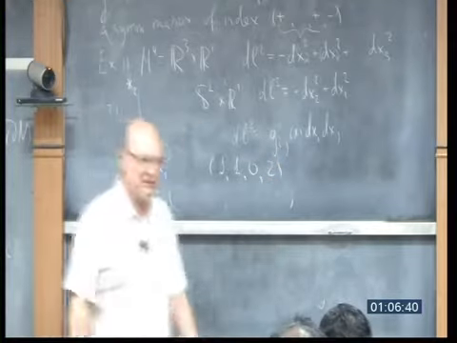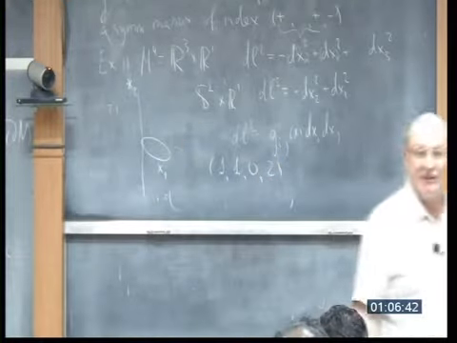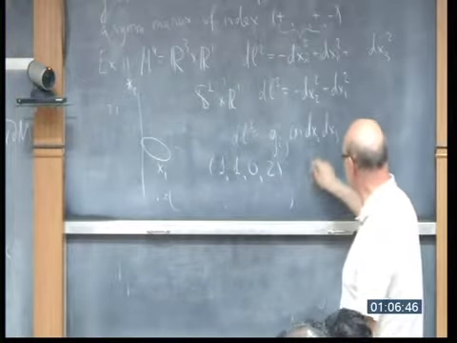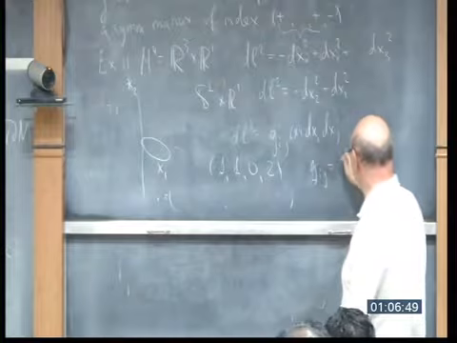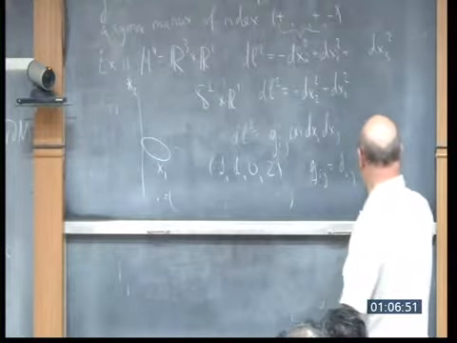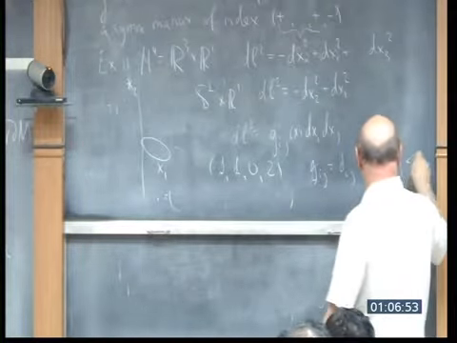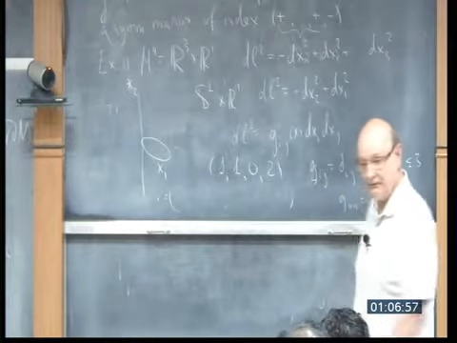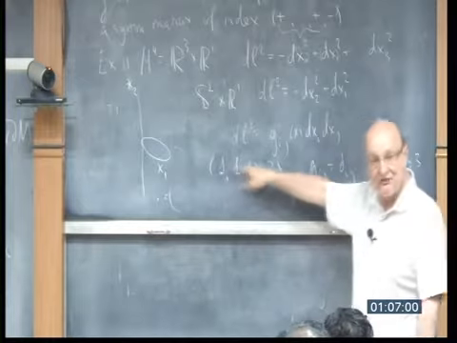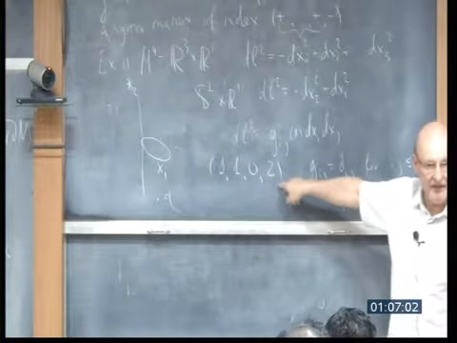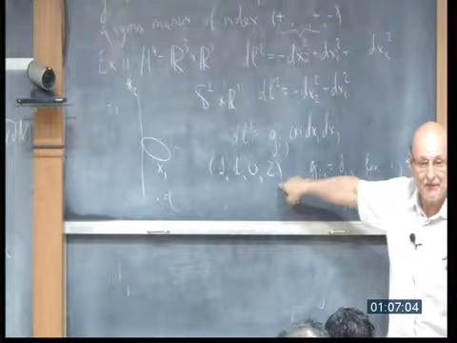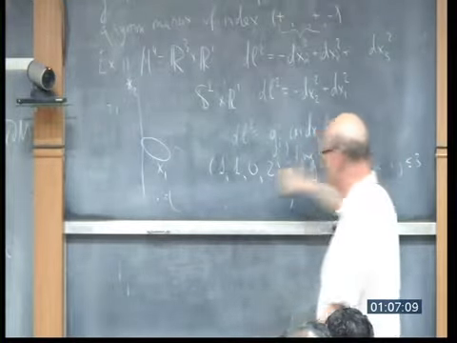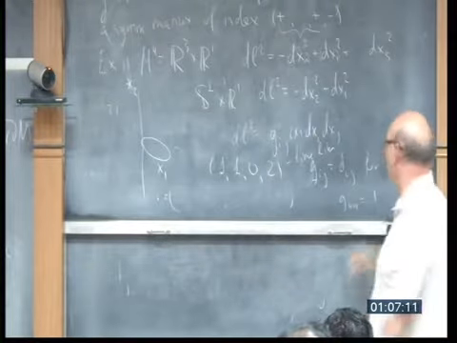Is it time-like, space-like, or light-like? Here Gij will be delta ij for i, j less than 4, and G44 is minus 1. So it will be 1 squared plus 1 squared minus 4, which is negative. So it's time-like. And what about this vector?